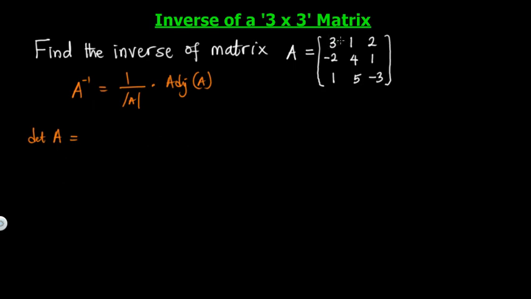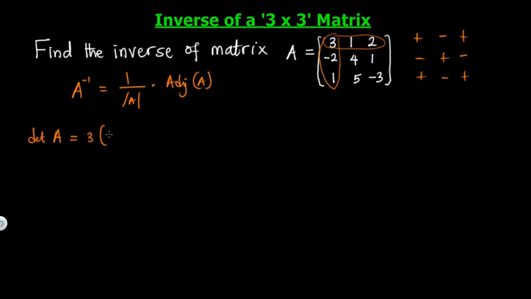for the first entry here, if we are using this, remember it follows the sign plus, minus, plus, minus, plus, minus, plus, minus, plus. So this 3, open bracket, its minor, that is when we close this row and we close this column, what we have left will be its minor.